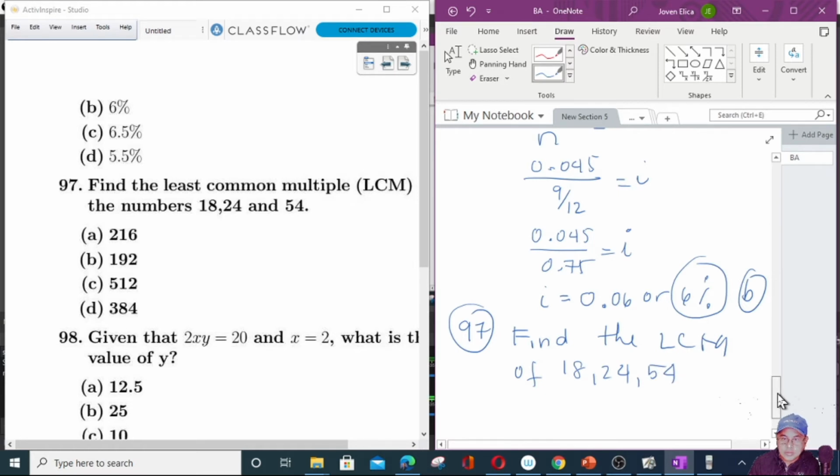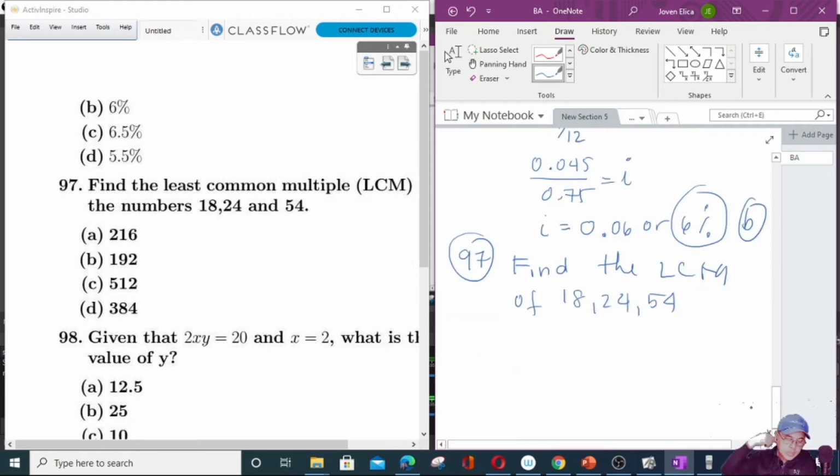Least common multiple. So how can we get the least common multiple? We use the factorization method.